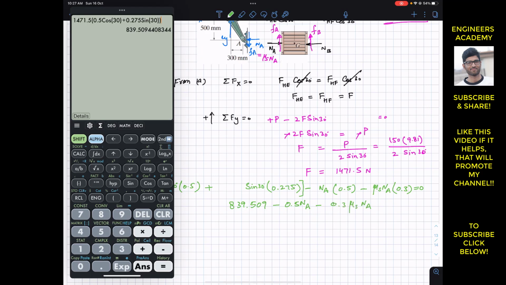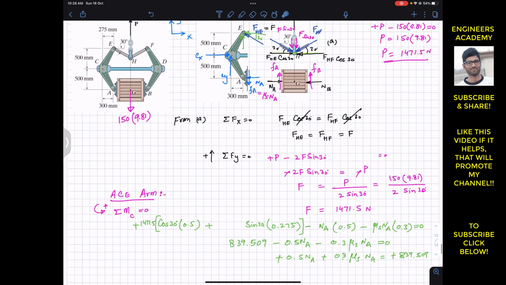This is equal to 0, or we can say that this is minus 0.5 NA minus 0.3 mu S NA equals minus 839.509. If I multiply this whole equation with a minus sign, we will have everything as plus. Now this is one equation and we have two unknowns, NA is not known and mu S is not known. So now we have to consider the free body diagram of the crate.